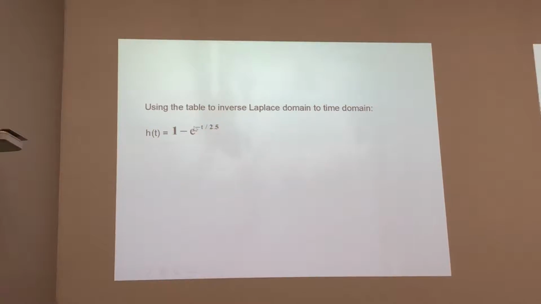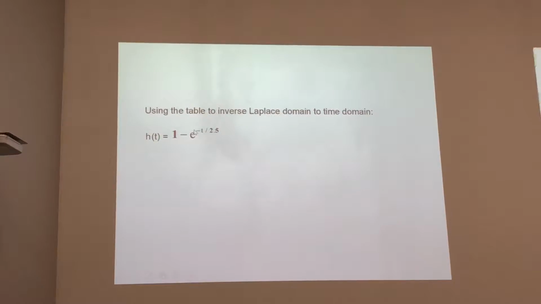How do we read this formula from the equation itself? Let's say h is the water level in the tank. This means that at any time, let's say time t equal to 2, my water level is equal to 1 minus exponential of minus 2 over 2.5.